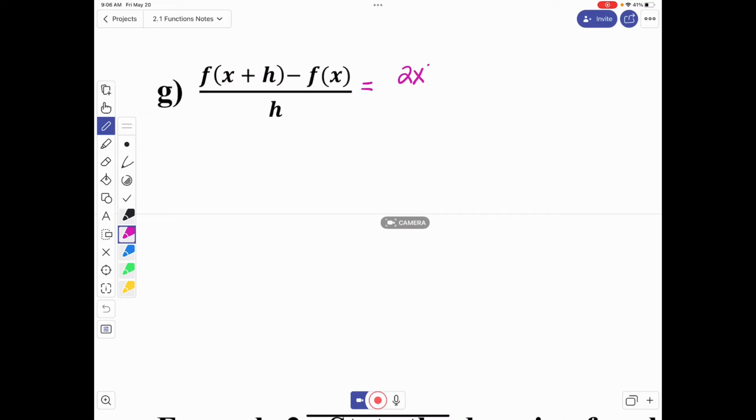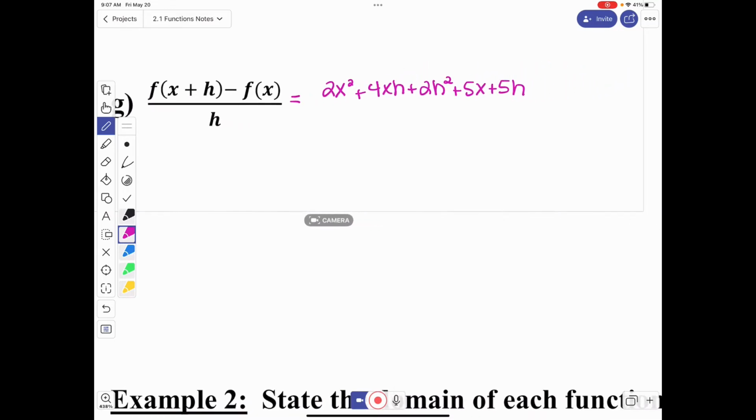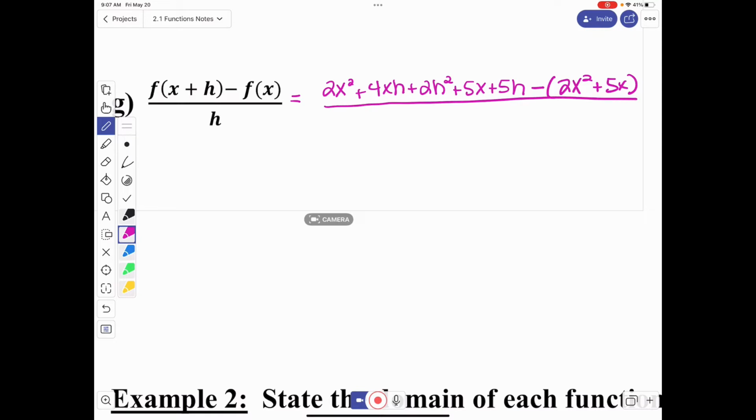I have the 2x squared plus 4xh plus 2h squared plus 5x plus 5h, and then minus f of x. So I'm going to subtract 2x squared plus 5x, and then all of that is over h.